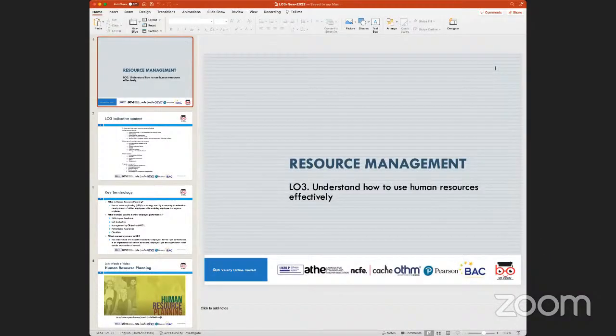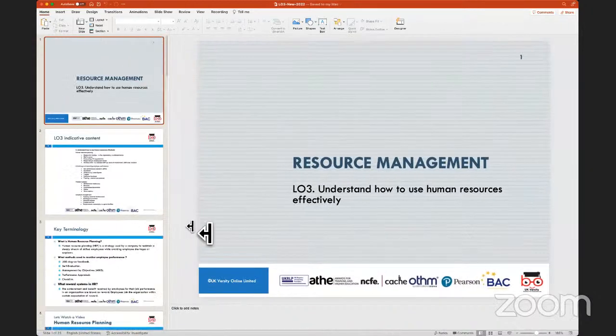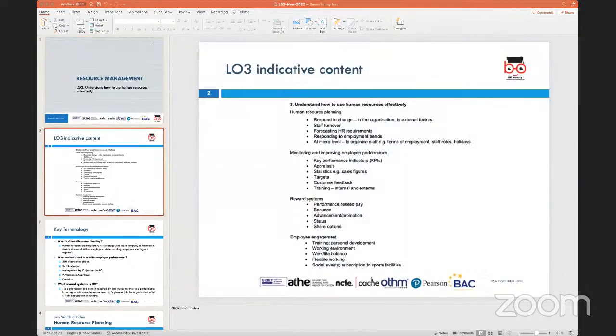So let me switch you over to the presentation that we'll be looking at today to discuss this learning outcome. Here we are looking at the indicative content that we have to cover. We want to primarily focus on these broad aspects: human resource planning, monitoring and performance, reward systems, and a bit of employee engagement.